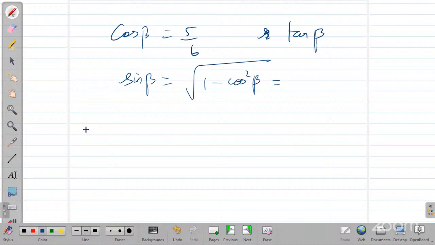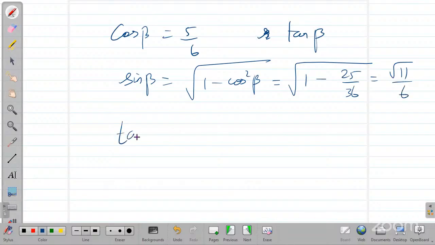So the square root of 1 minus 25 over 36 will get root 11 over 6.